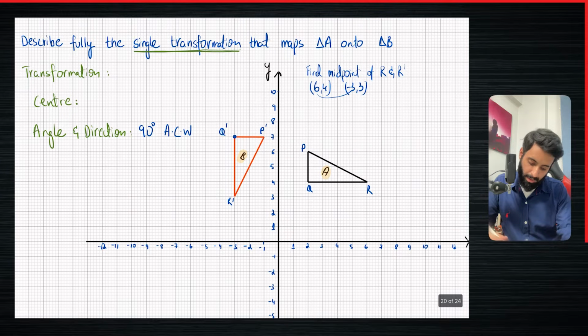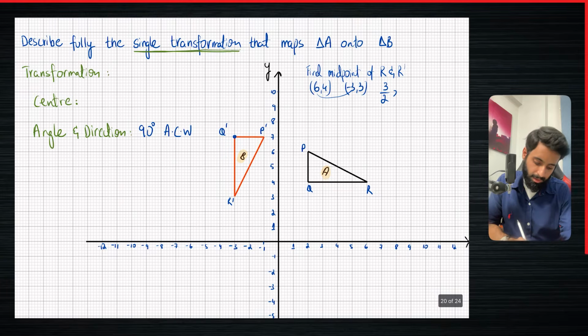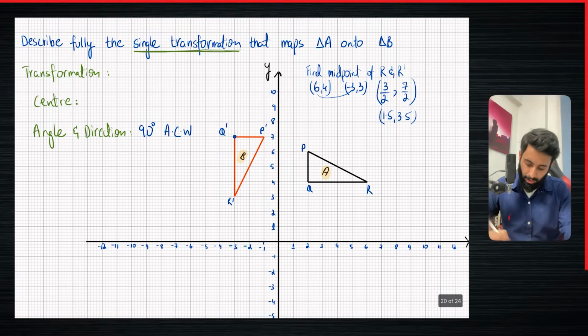So if I add them up, 6 plus -3 is going to be 3 over 2. And then the y coordinate, 4 plus 3 is 7, 7 over 2. So that means 3 over 2 and 7 over 2, which means 1.5 and 3.5. Okay, so 1.5 and 3.5 has to be somewhere over here. Okay, you can see that I've made an X over here.